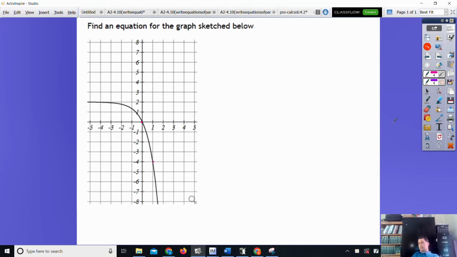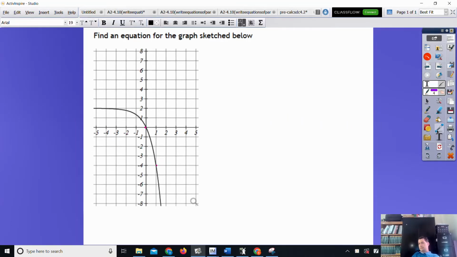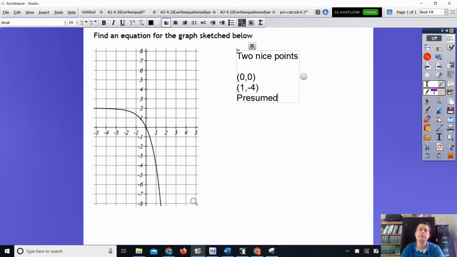So there are 2 nice points. 2 will do the job. How about a presumed horizontal asymptote? 2. That ought to be enough this time.